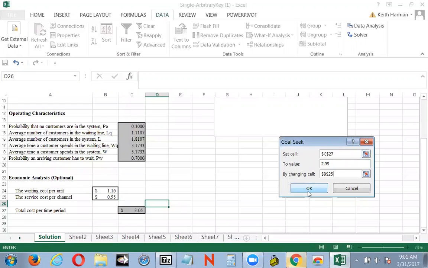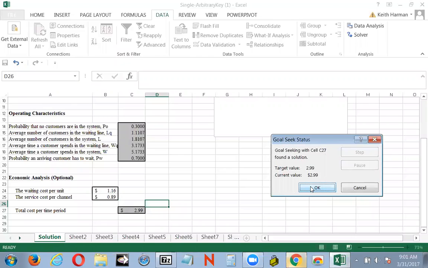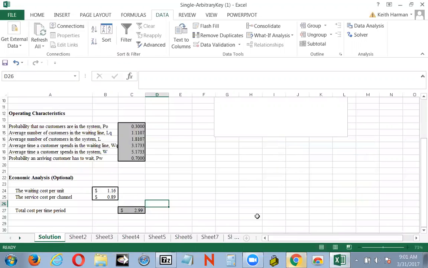Right now, the service cost per channel is 95 cents and the total cost per time period is 3.05. Let's see what happens when we run the goal seek. When we get the service cost per channel down 6 cents, we reduce the total cost per time period by 6 cents.